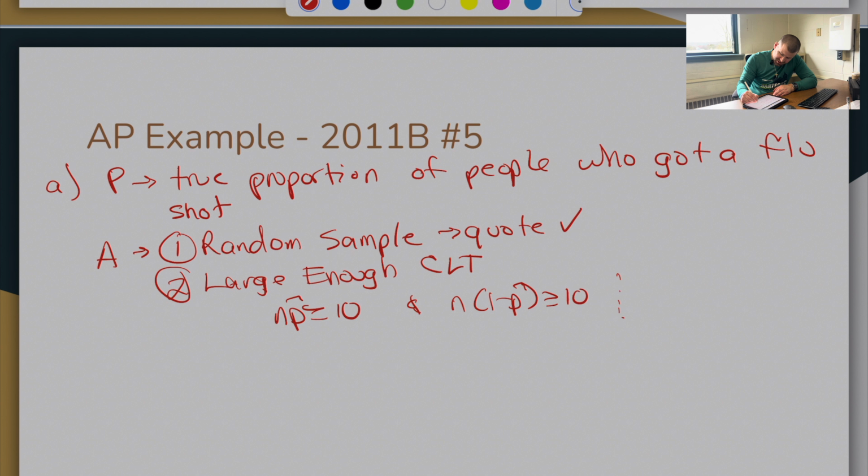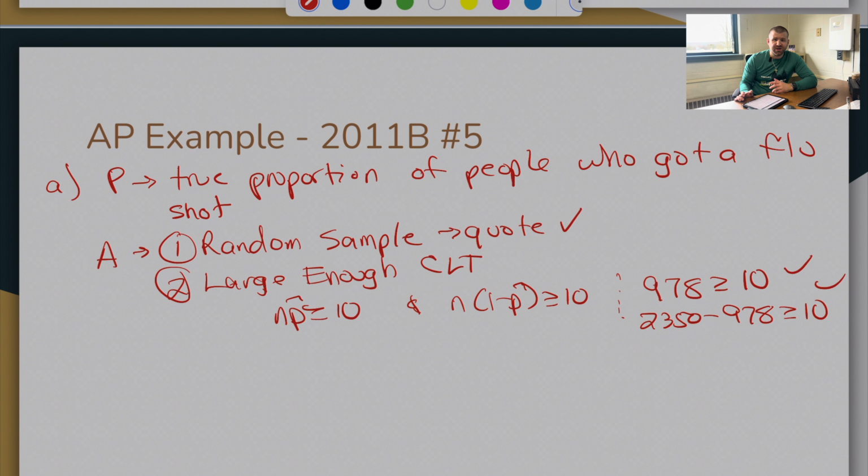So in this particular case, we had 978, and then whatever the failures number is, both of those are greater than 10, so I can move on.